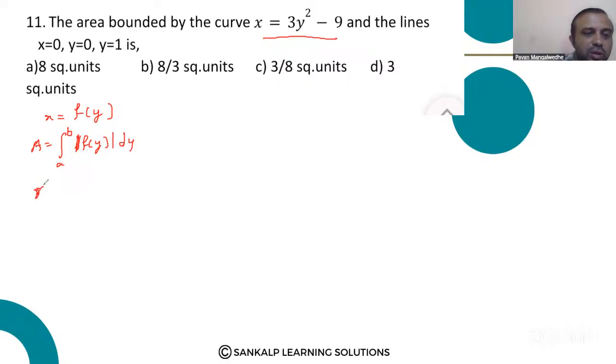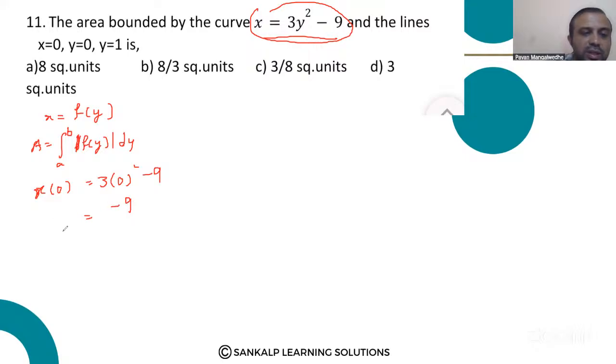So here x of 0, because if you treat y as 0, x is 3 into 0 square minus 9. In the given equation, substitute y is equal to 0. Then it will become minus 9.